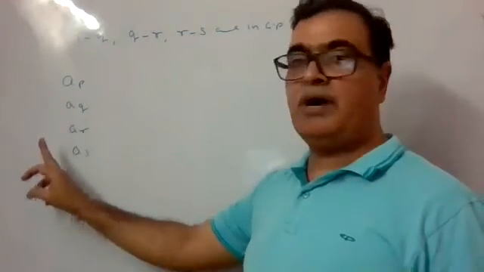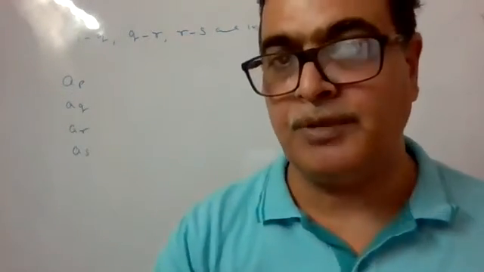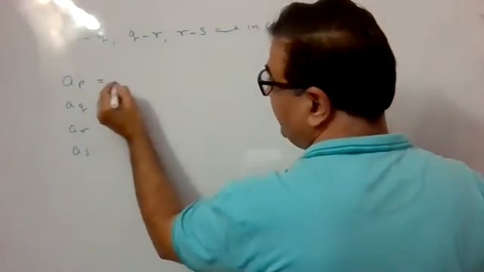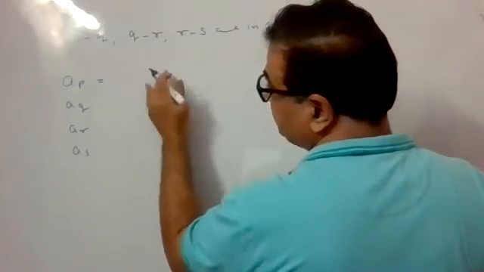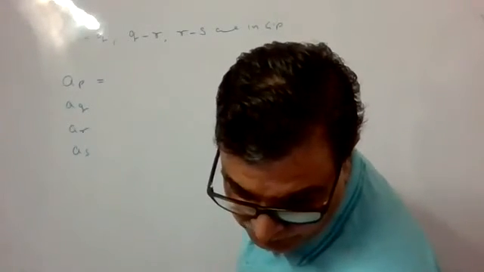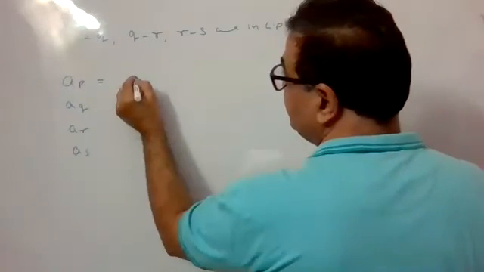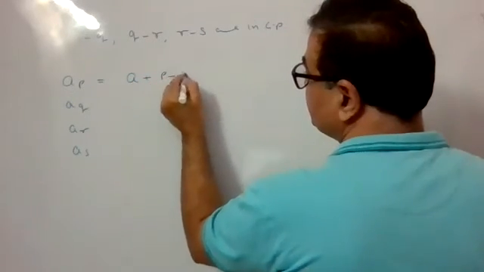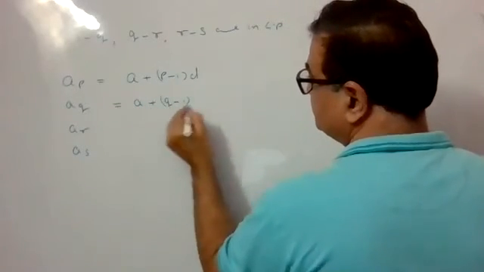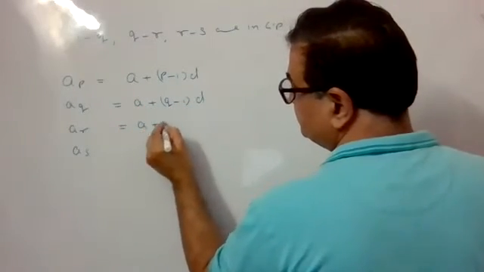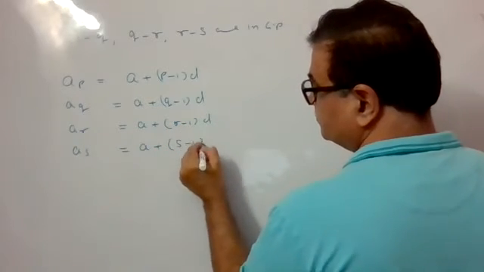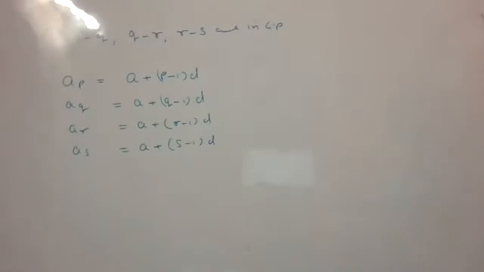The pth term, qth term, rth term, sth term are taken from an AP first and they are in GP. So this term, if I write, it will be A plus (P minus 1) D, right? These are the four terms.